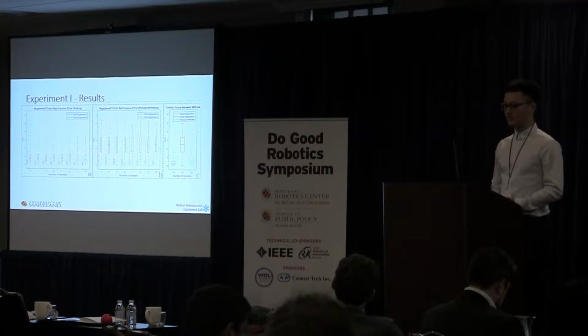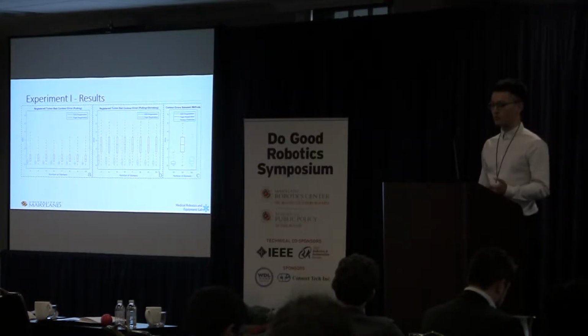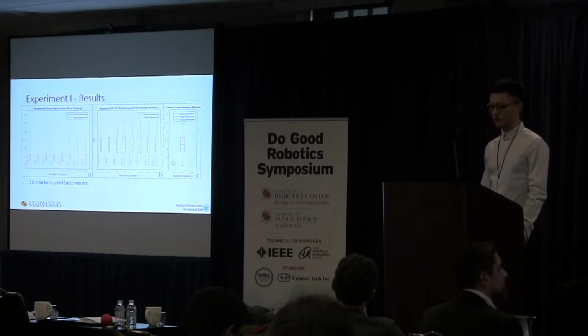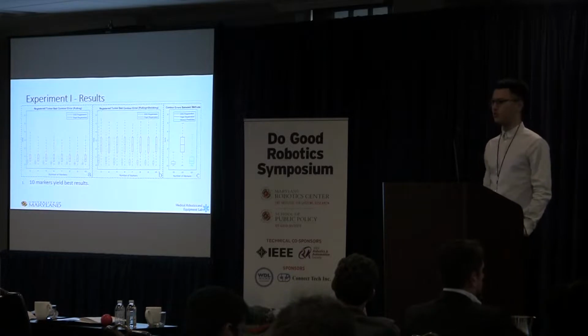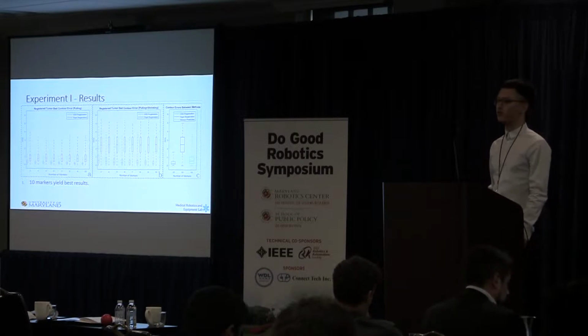And we notice that the error from the deformable image registration method decreases as more markers are used, and this number is tested up to 10. So 10 markers yields the best results. I just want to mention that this number 10 comes from an empirical result, to prevent mutual marker interference.